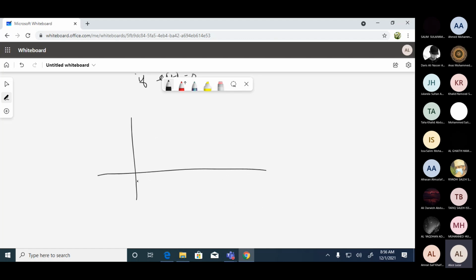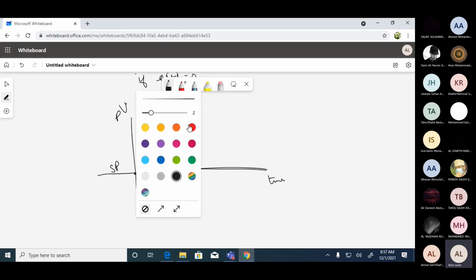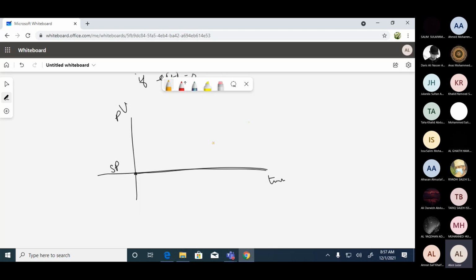If I'm drawing the graph, this is my set point. Here I have time. Okay, this is my process variable. So I want the process variable to always be on this line. That means the process variable should be the same as the set point. But that's not what happens. According to the value of Kp, the process variable is going to be increasing or decreasing.